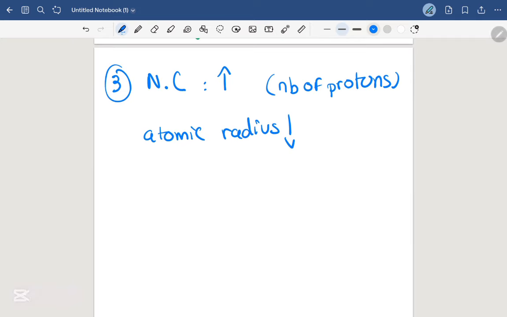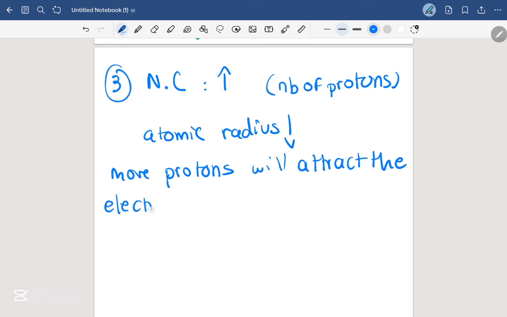That means they're going to attract the electrons more. And when they attract the electrons more, they're going to pull them closer. So what happens to the atomic radius? It decreases. And thus to remove one electron will require more energy. So thus the ionization energy will increase.